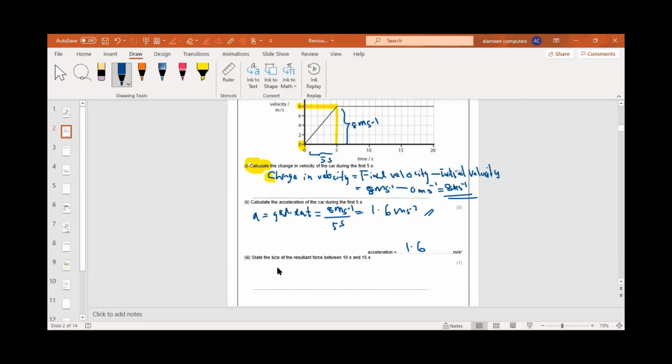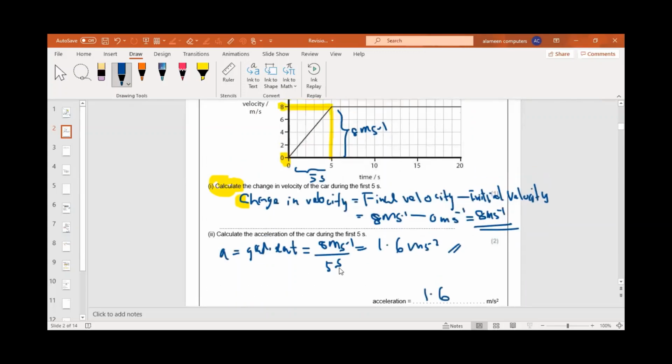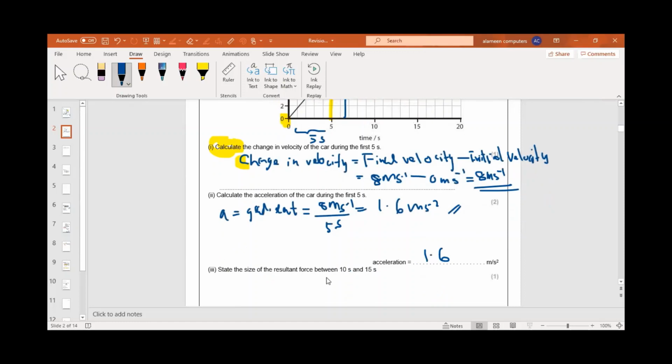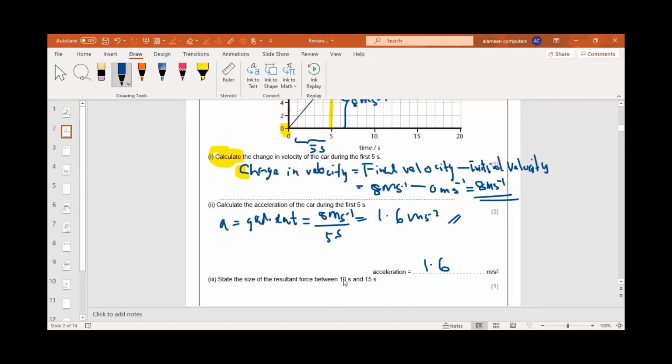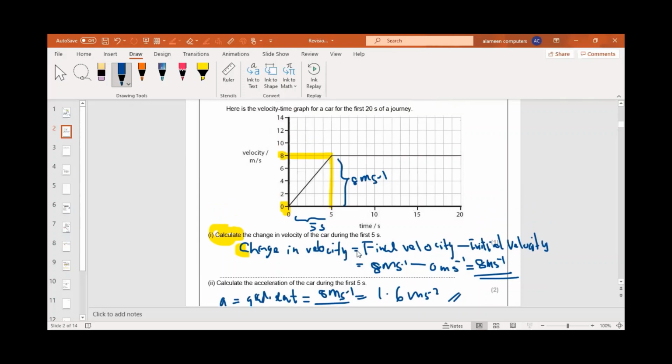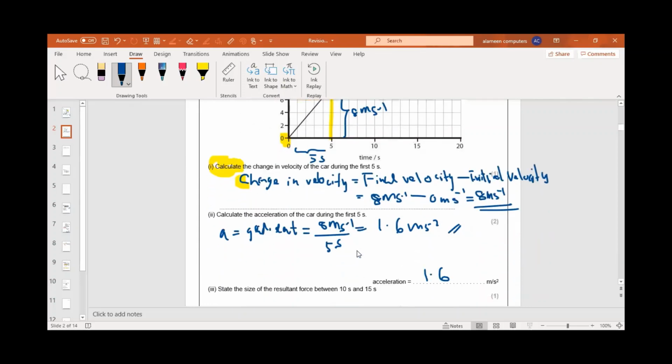State the size of the resultant force between 10 and 15. Resultant force. How do we find the resultant force now? To find the resultant force, are we going to use F equals ma? If there is a resultant, if there is an acceleration, yes.